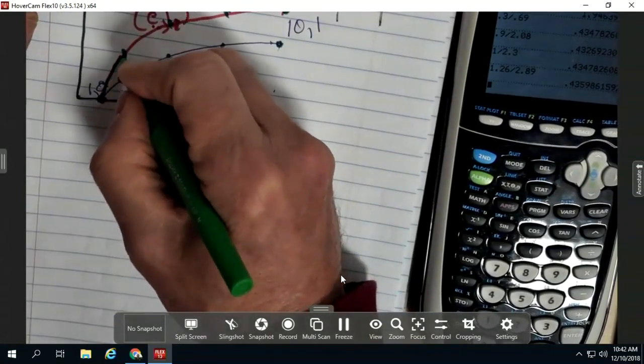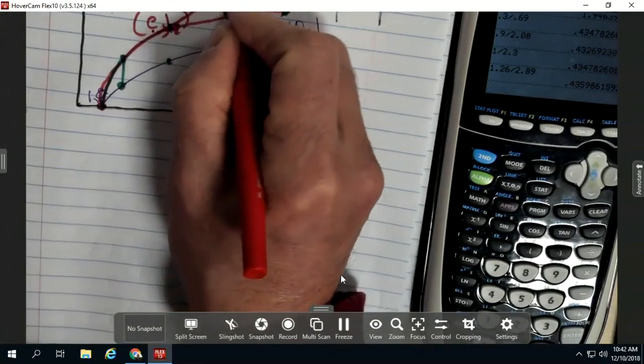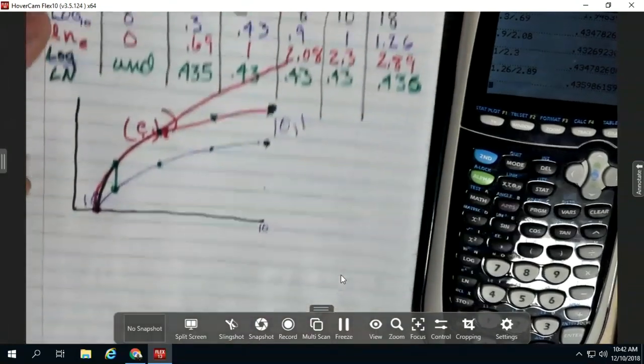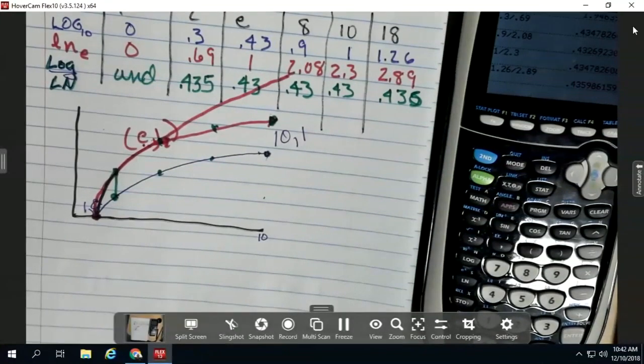Because really, the smaller one is always 0.43 of the other. The purple line is always 0.43 of the red line.